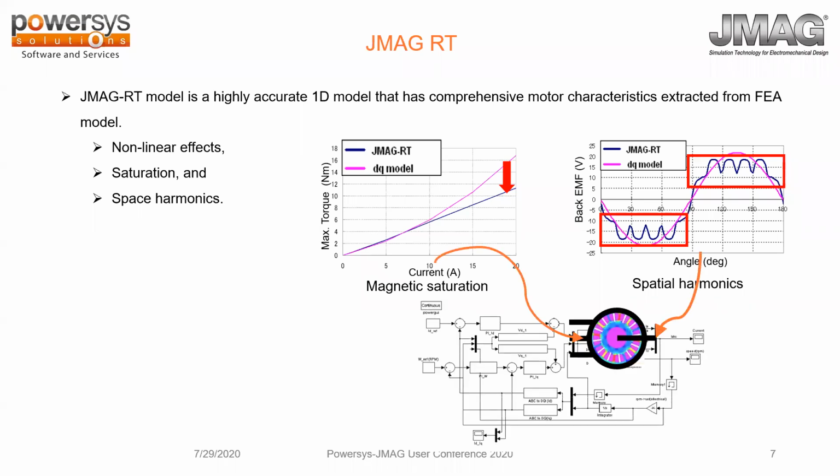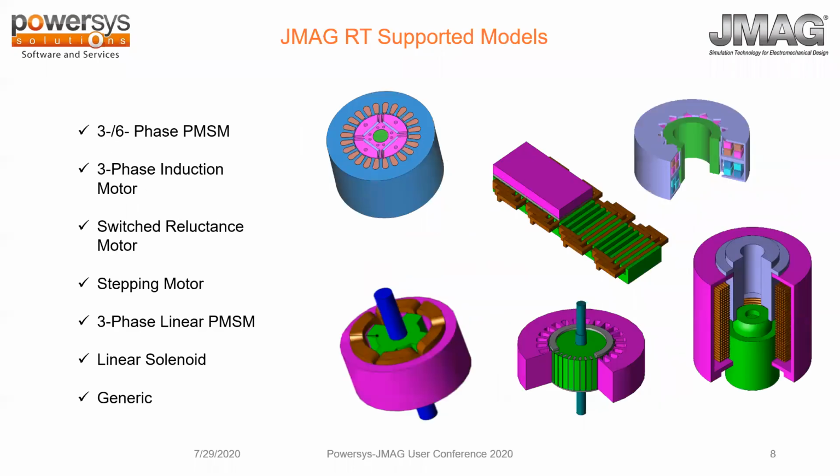So together, as you create this RTT file, which is what is generated out of Jmag Rt, it can be used in your control modules and system level simulations. Jmag Rt is widely supported across 3 and 6 phase PMSM machines, 3-phase induction machines, switch reluctance motors, stepping motors, linear solenoids, and if there is any other model, we can also use it in the generic mode of operation of Jmag Rt.